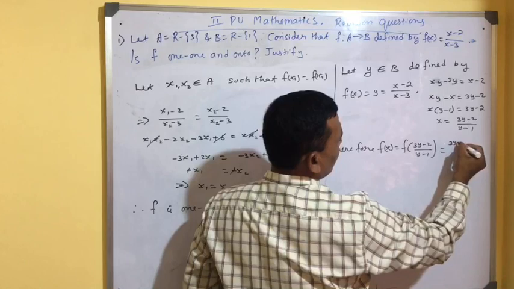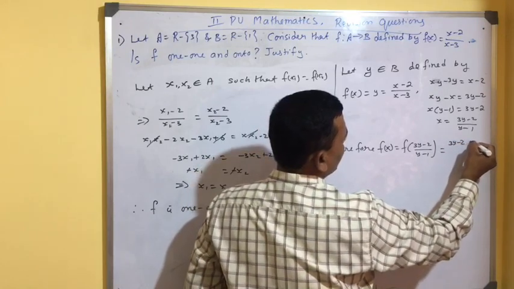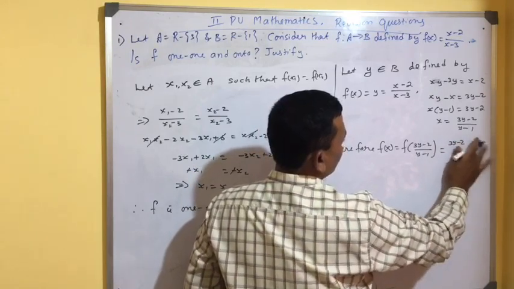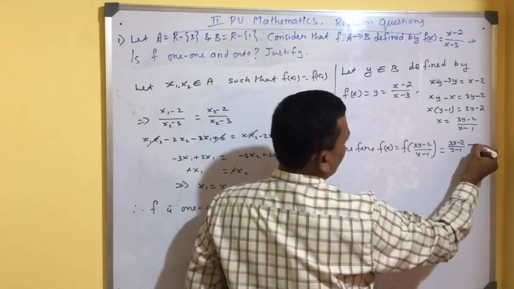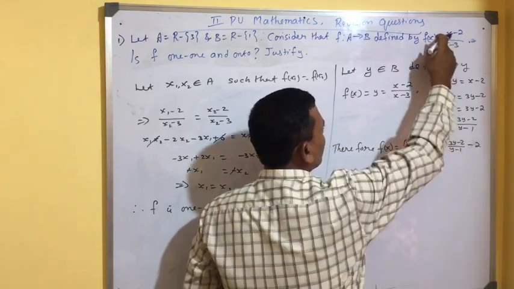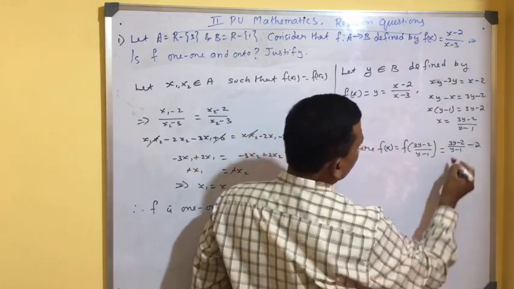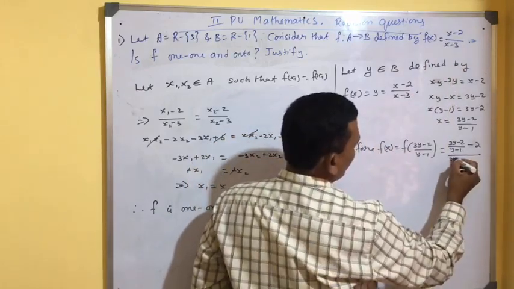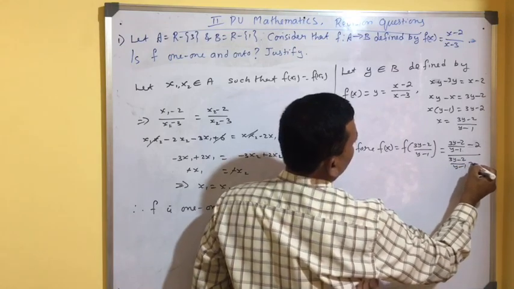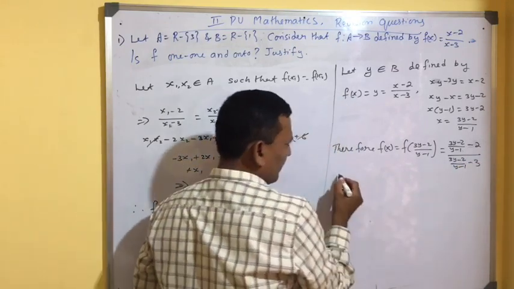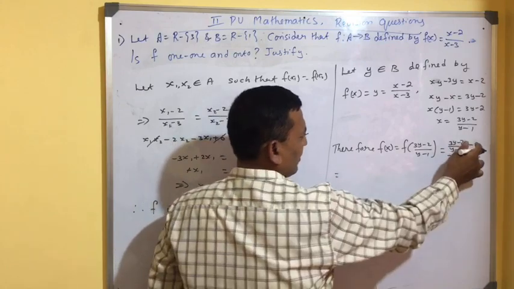It means 3y minus 2 divided by y minus 1, minus 2, remember I am substituting in the place of x in this function, divided by 3y minus 2 divided by y minus 1, minus 3. This is like this here.